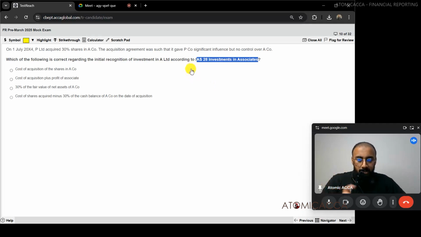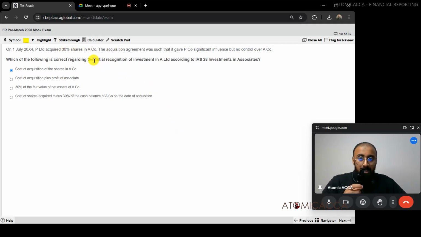That is the purchase price basically. On 1st July X4, no year is given over here, P Limited acquired 30% shares in A company. So that's a significant influence. It's an associate. The acquisition agreement gave P company significant influence but no control over A company. That's understandable based on the 30% share.